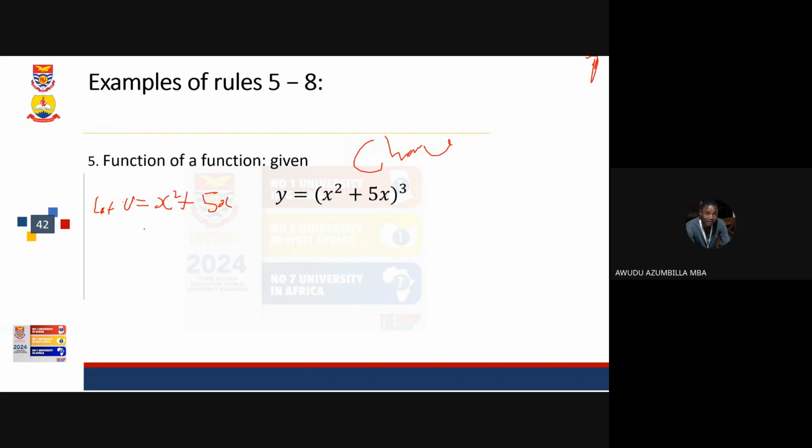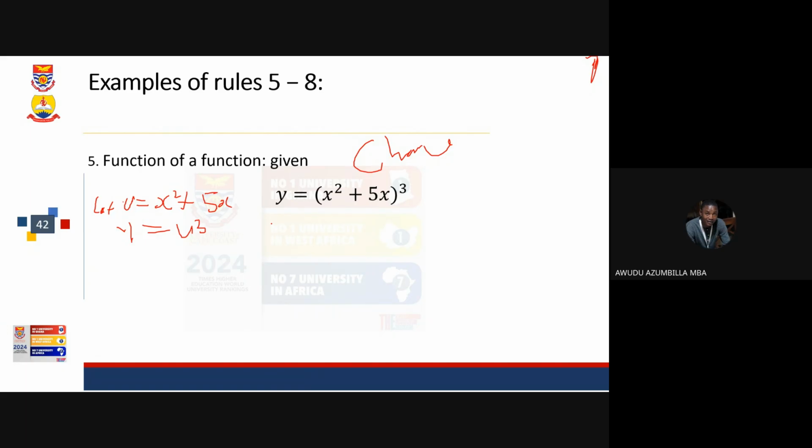In that case we have our y equal to u to the power cube. So there is a function within a function. You see that y is equal to u cubed, and inside, u is also a function of x. So u is a function of x, and y is a function of u. There are two different functions embedded in each other.